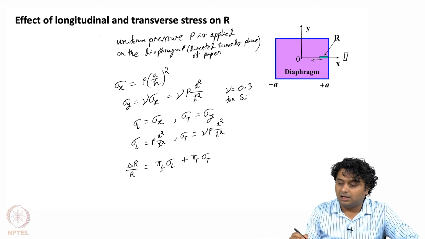The coefficients along the longitudinal direction and the transverse direction are not the same. So, delta R by R will have both components: the longitudinal component, which is the piezoresistive coefficient in the longitudinal direction into stress in the longitudinal direction, plus the piezoresistive coefficient in the transverse direction into stress in the transverse direction.